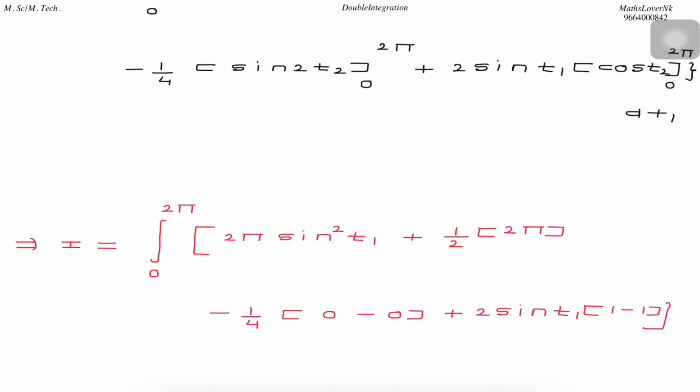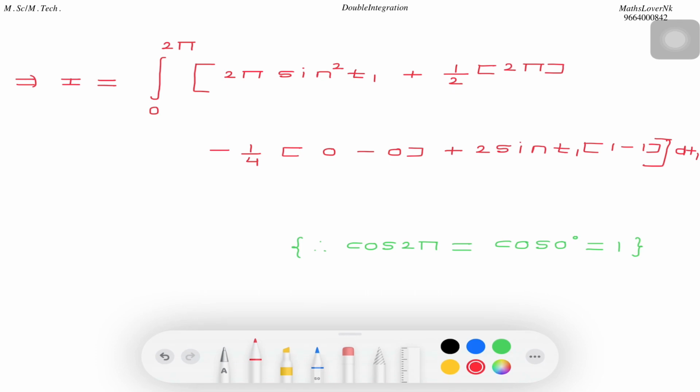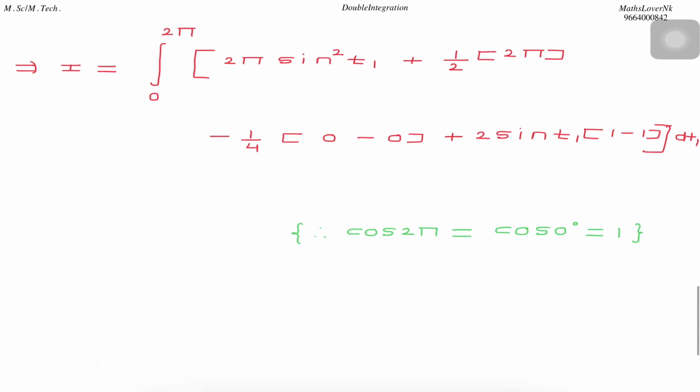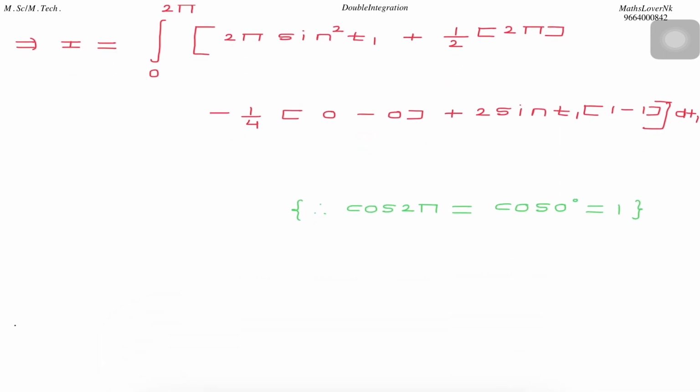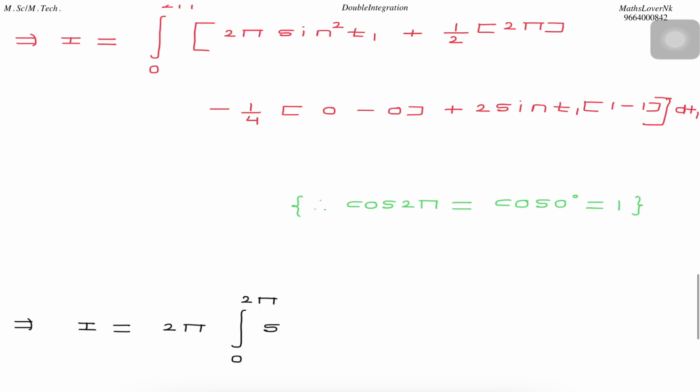into dt1. When we solve out, we get the values as I is equal to 2 pi as it is outside because it's a constant, 0 to 2 pi integration, sin square t1 as it is, into dt1.